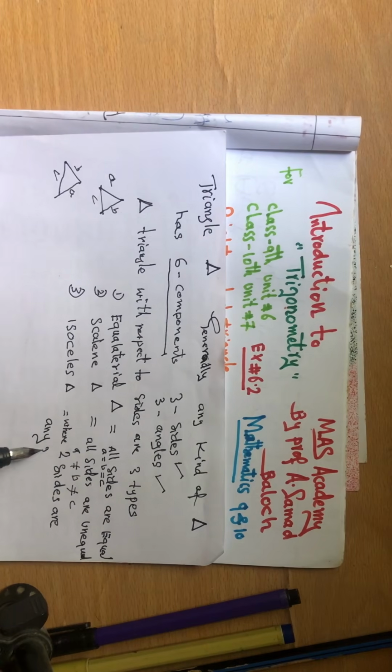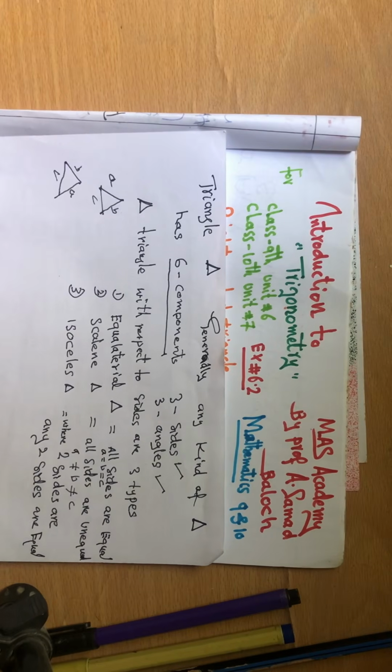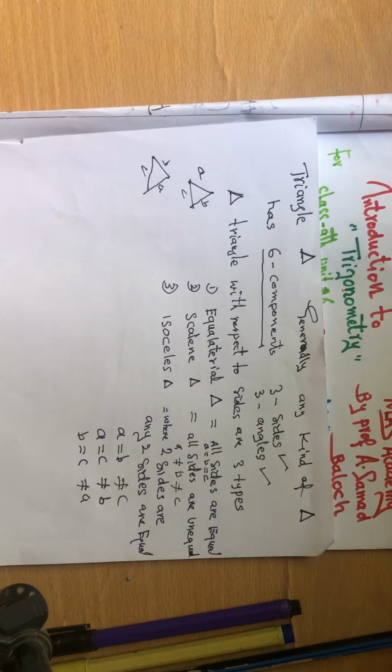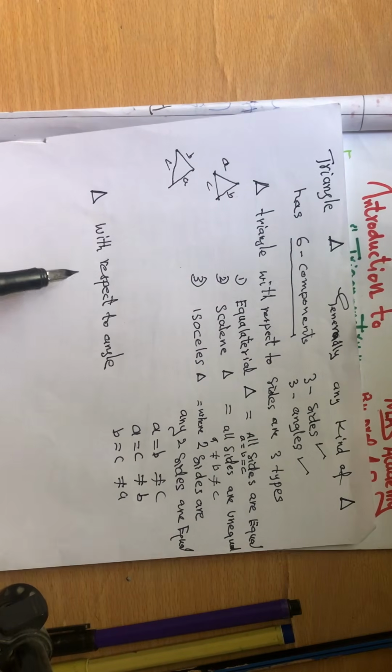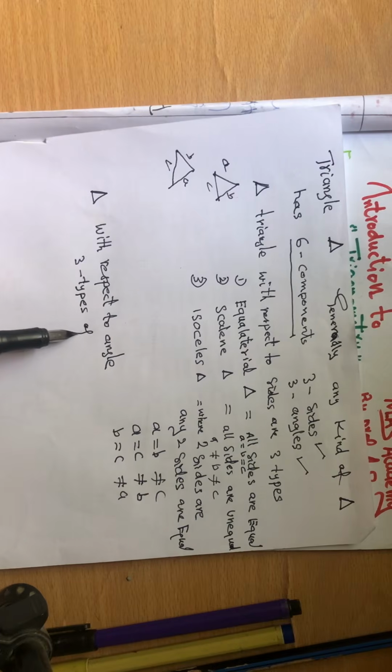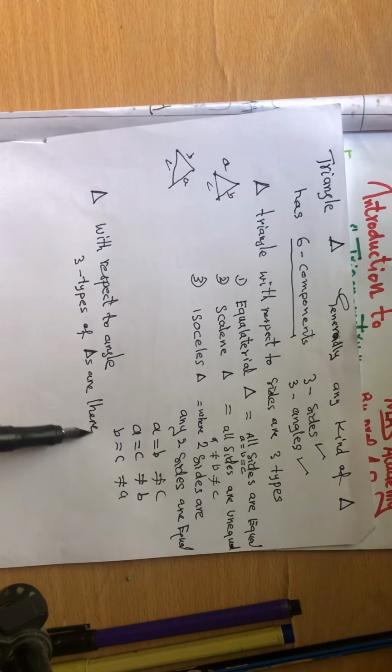If we have a triangle whose side lengths are A, B, C, then A and B can be equal but not equal to C. Also A and C can be equal but not equal to B. Or B and C equal but not equal to A. This can be.